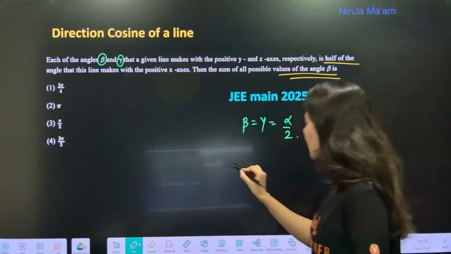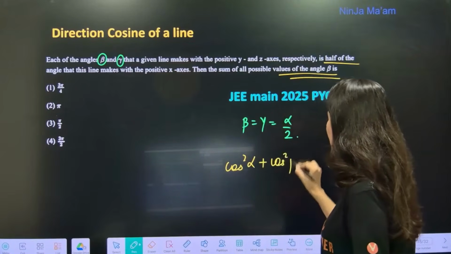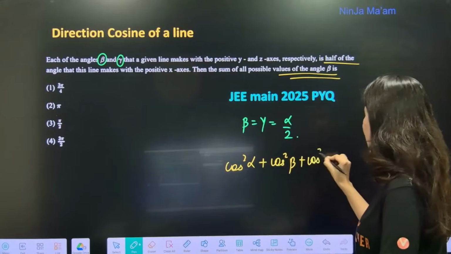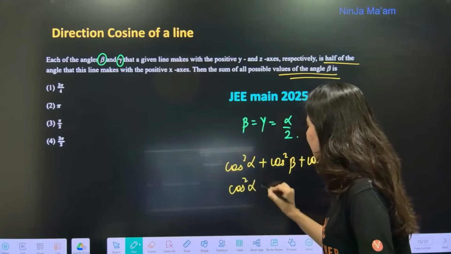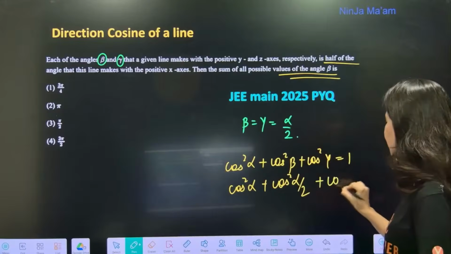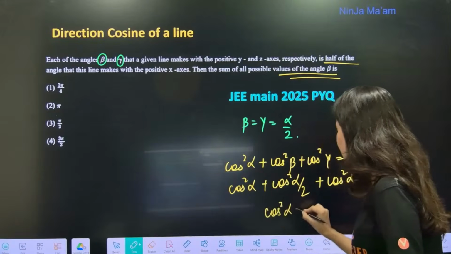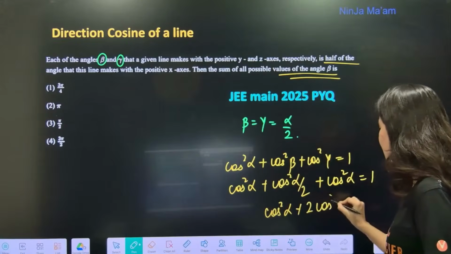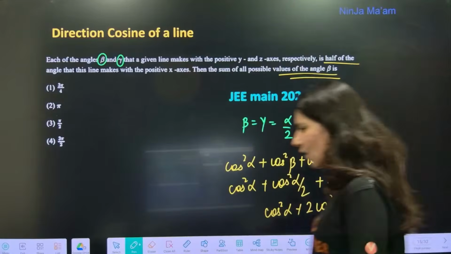Okay. So now cos square alpha plus cos square beta, ma'am, we know already, plus cos square gamma is what? 1. So beta and gamma will be replaced by what? Alpha by 2, and this is alpha by 2 is equals to 1. So cos square alpha plus 2 cos square alpha by 2 is nothing but 1. Correct? Now you know what?